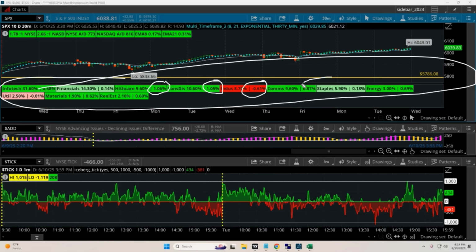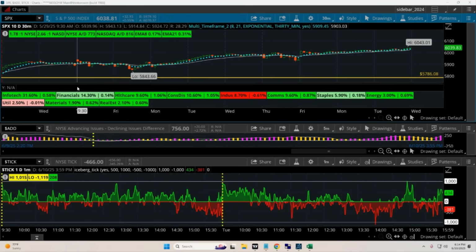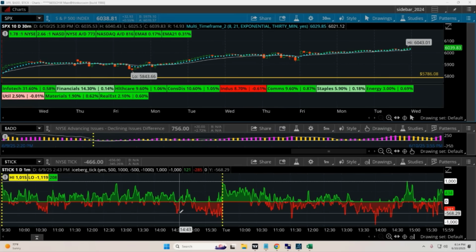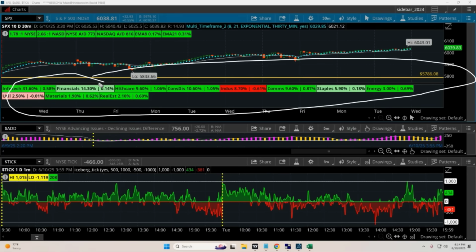That's what all these boxes are: the percentage change from the open, and that's very important, not from the prior day's close, because that's worthless information. From the open of the 11 sectors that make up the S&P. And remember, the ES, which is the market, absolutely positively cannot ever do something different from this. This is the market right here.